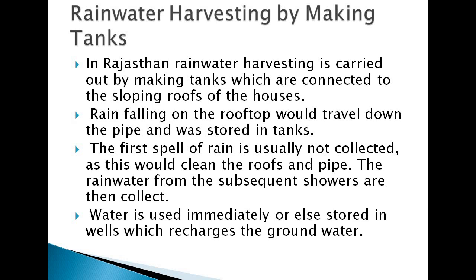So today we talked about rainwater harvesting, what it means to store and collect rainwater. Then we talked about ancient India, how they collected rainwater, how they made these tanks, and I have given a few examples from Rajasthan, Bengal and Tamil Nadu.